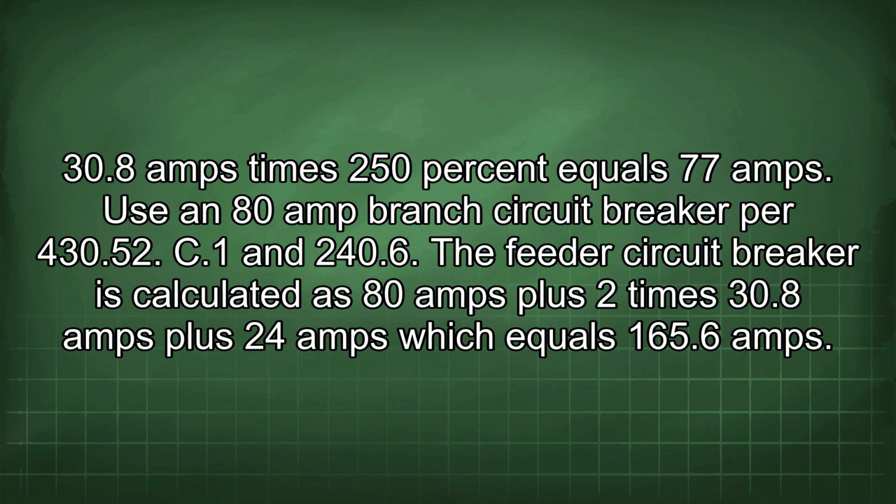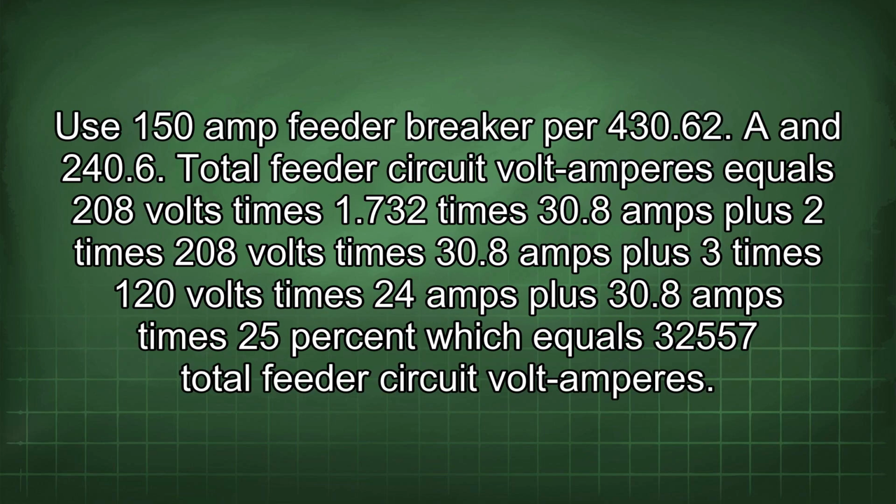430.52 C1 and 240.6. The feeder circuit breaker is calculated as 80 amps plus 2 times 30.8 amps plus 24 amps, which equals 165.6 amps. Use a 150 amp feeder breaker per 430.62 and 240.6.